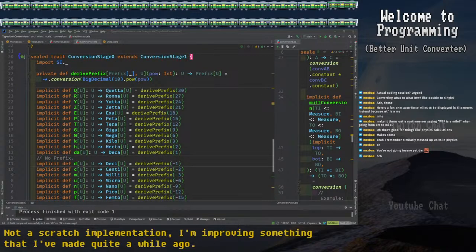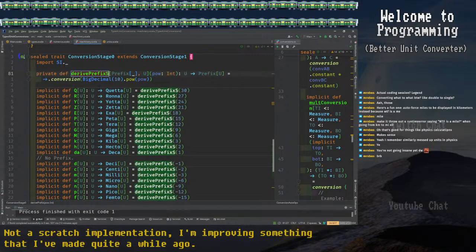Hmm. There is another set of prefixes that I now need to realize. The 1024 prefixes. Be right back. I need to quickly do something.